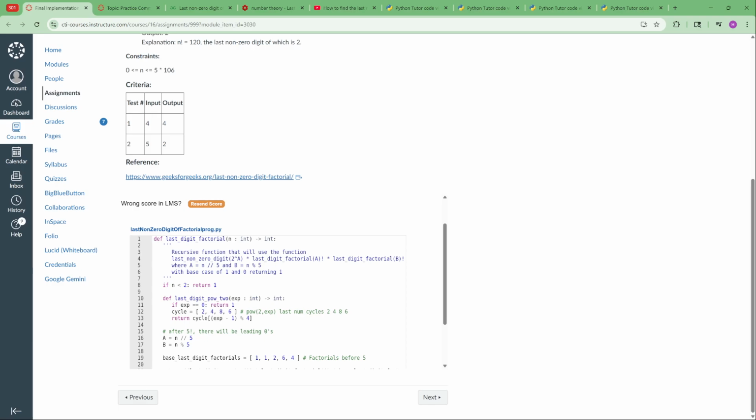So in here we have the base case. This is the base case because we're going to be using recursion. To stop the recursion, we're going to stop it when n is less than 2.